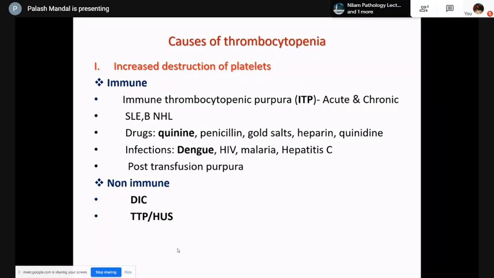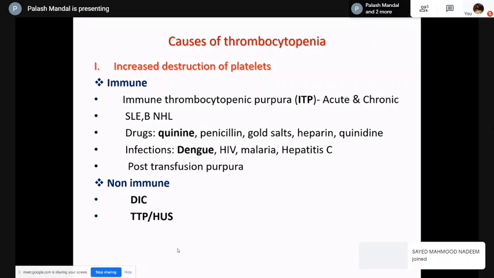So first is the increased destruction of platelets. One is immunologically mediated, one is non-immunologically mediated. Under the immunologically mediated category, the commonest one is immune thrombocytopenic purpura. In the past it was known as idiopathic thrombocytopenic purpura because the actual cause was unknown.